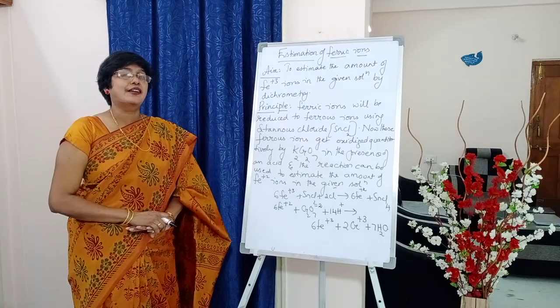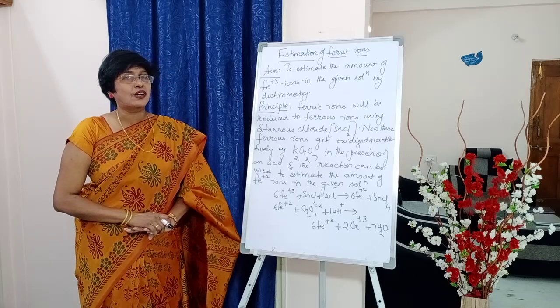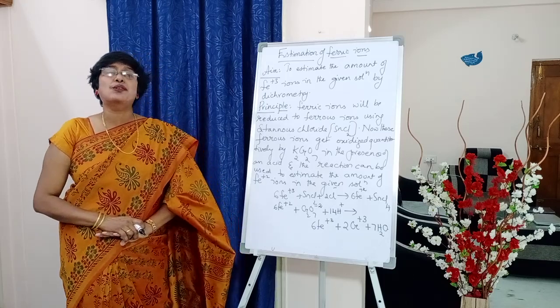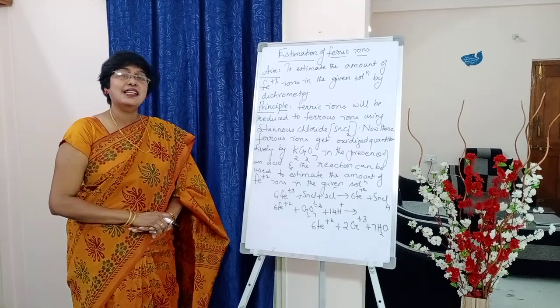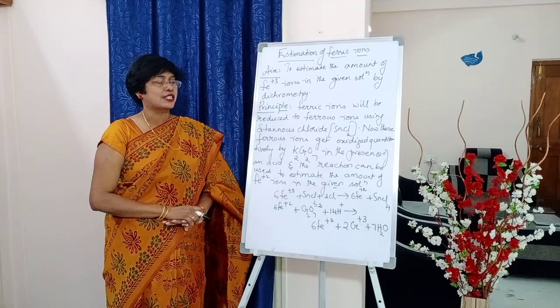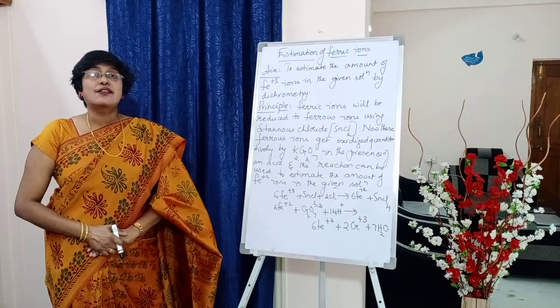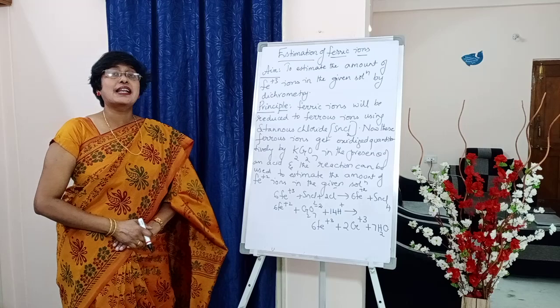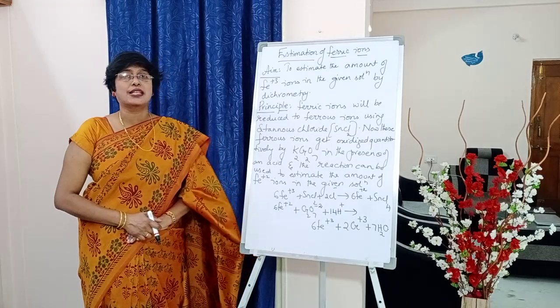Ferric ions get reduced to ferrous ions and we estimate the amount of ferrous ions, like we have done in the previous experiment. First write down: ferric ions will be reduced to ferrous ions, Fe+3 to Fe+2, students.